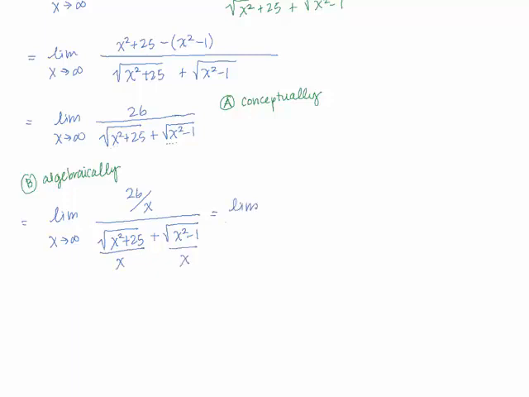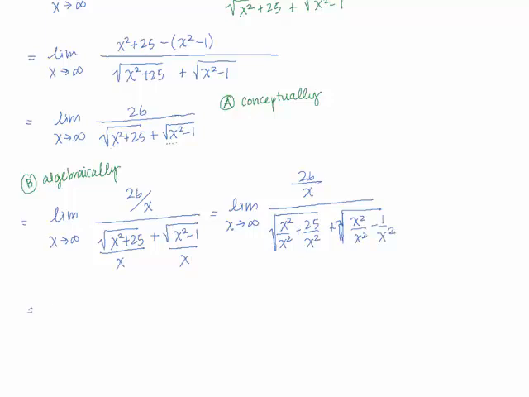This is a limit as x approaches infinity of 26 over x over the big square root. If I let this x slip in the radical, I can have x squared over x squared plus 25 over x squared plus this big square root of x squared over x squared minus 1 over x squared.